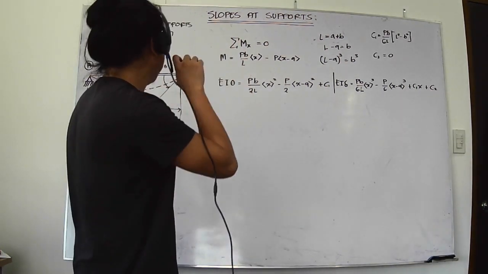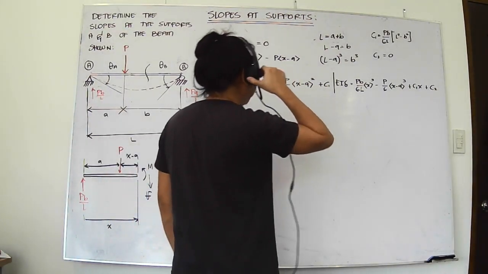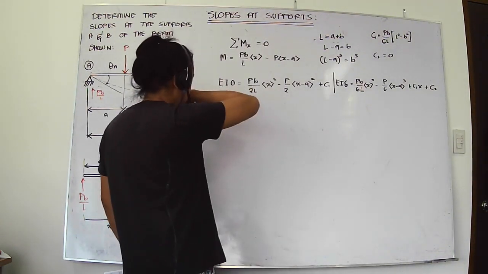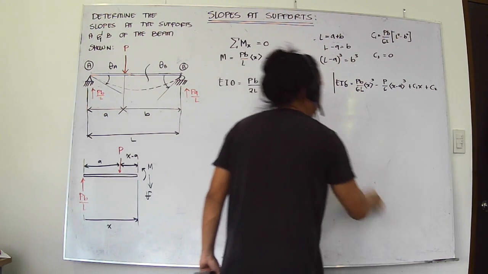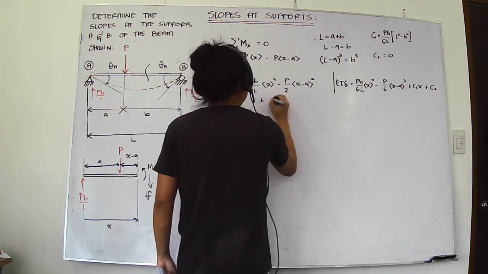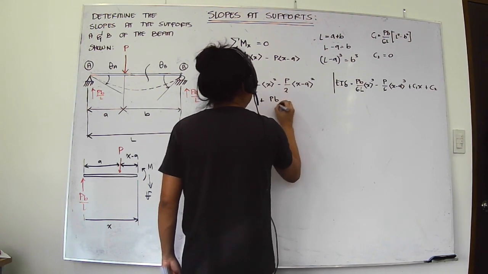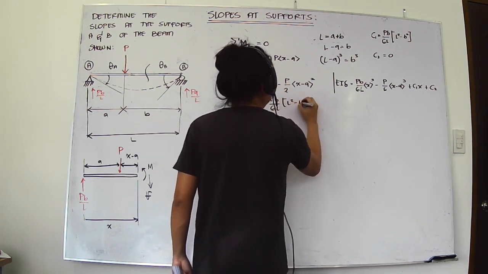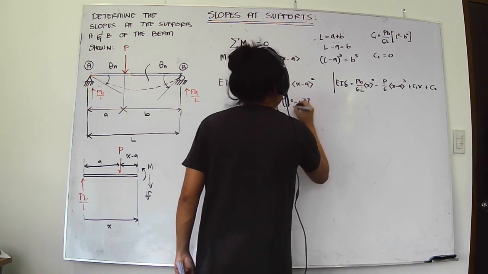Okay. So we know C1 and C2, right? So just replace this. We know C1 is equal to PB over 6L multiplied by L squared minus B squared.